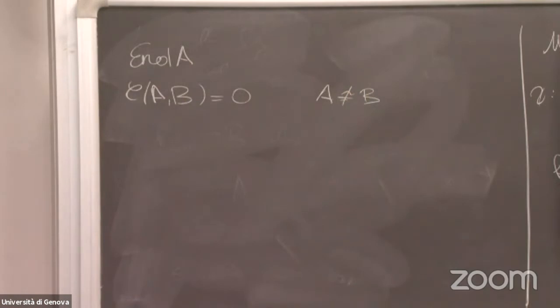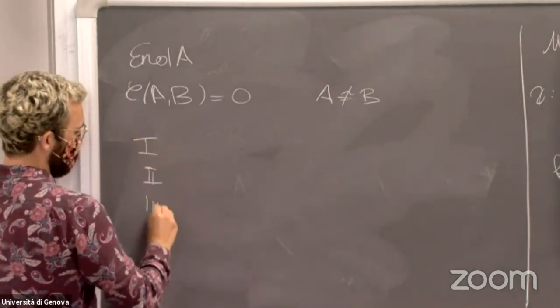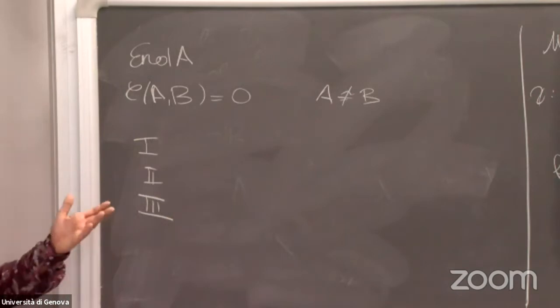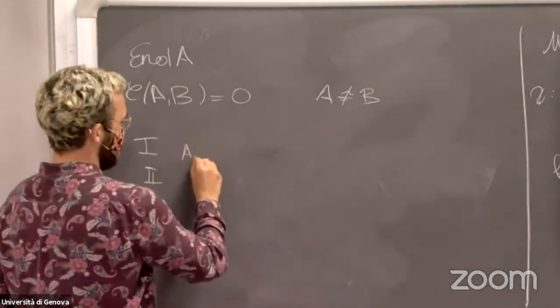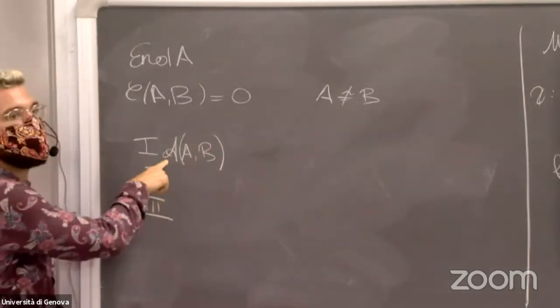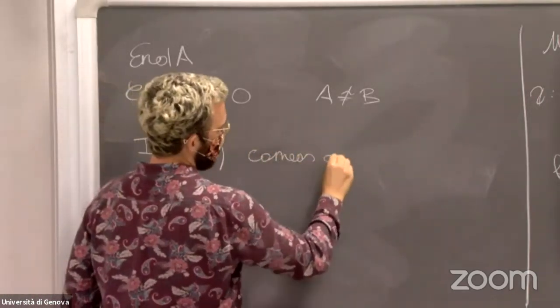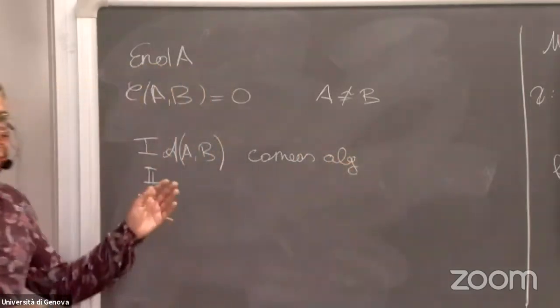So the way it works to generate more examples, at least the way I'm working, is this 3-step program. I pick 2 algebras, A and B, and I calculate the co-measuring algebra, the dual version of what I was telling you.